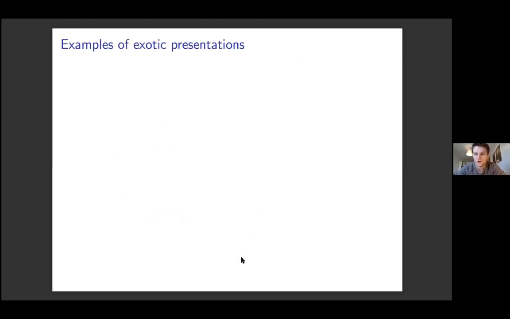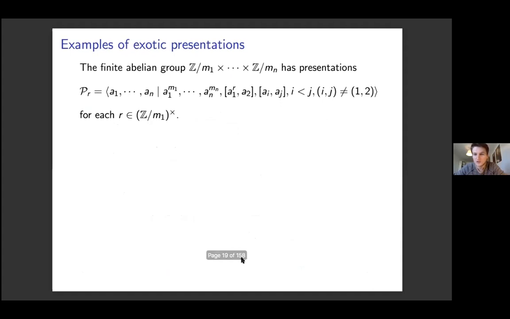Okay, so I've mentioned exotic presentations. Let's give some examples. The first example will be for finite abelian groups. Suppose you have Z mod M1 direct product all the way up to Z mod Mn for some integers Mi. Then you can write down the following presentations.